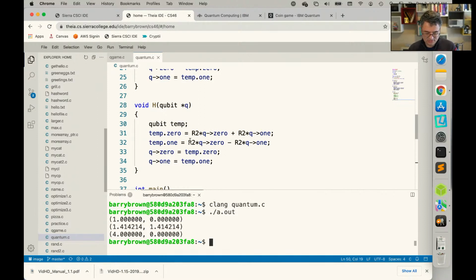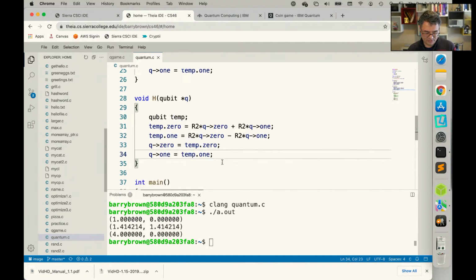Good. R2 times Q pointer 0 minus R2 times Q pointer 1. Q pointer 0 equals temp 0. Q pointer 1 equals temp 1.